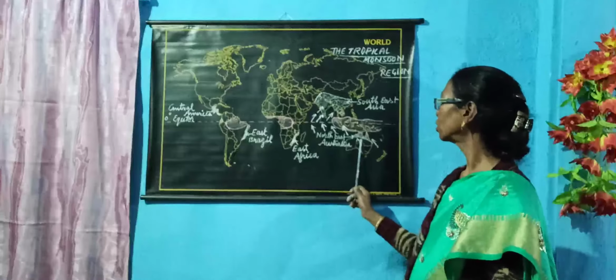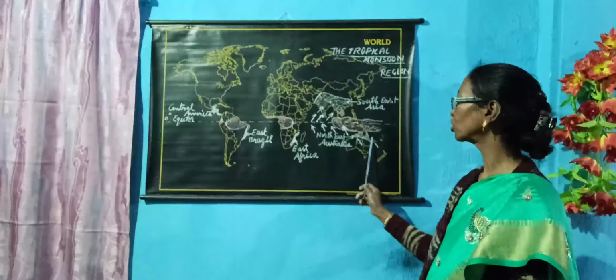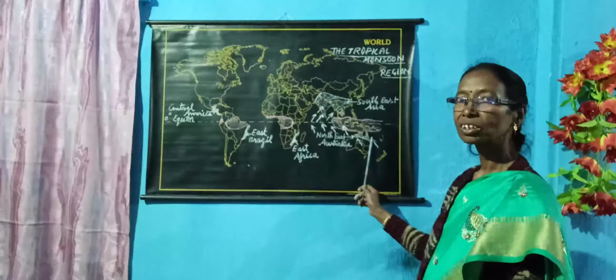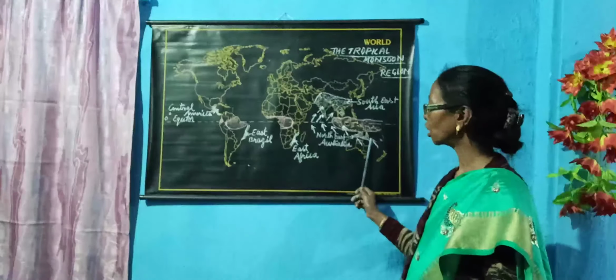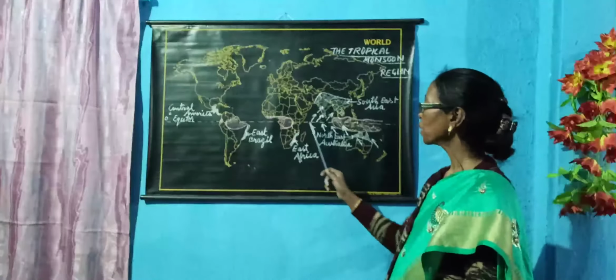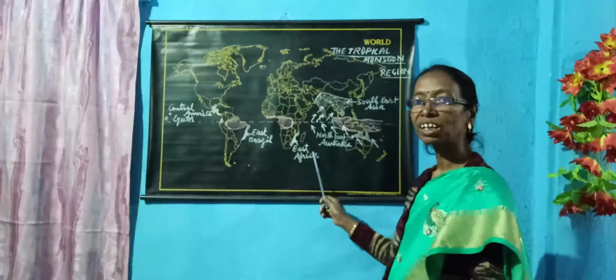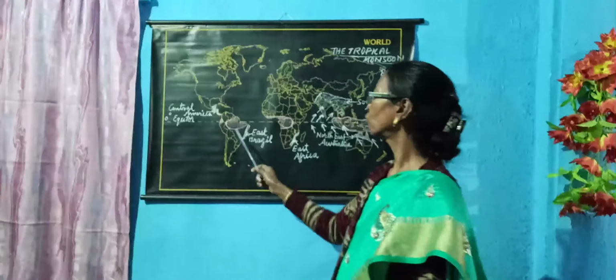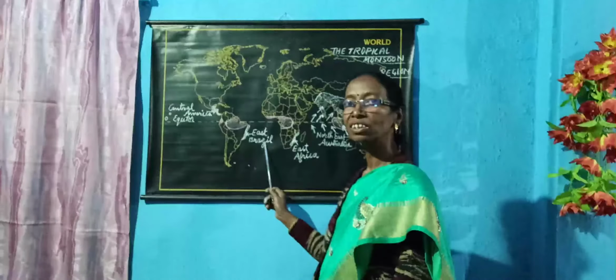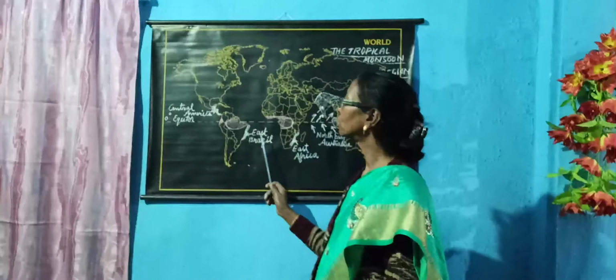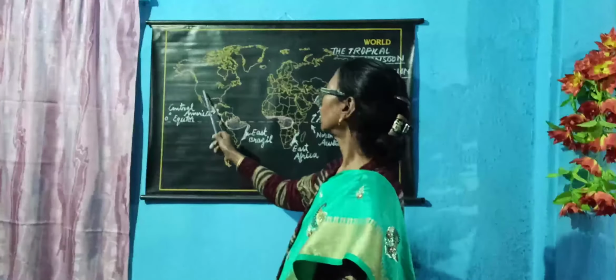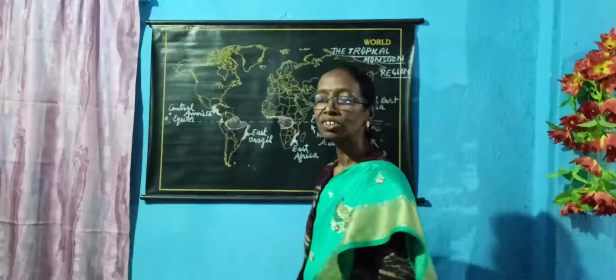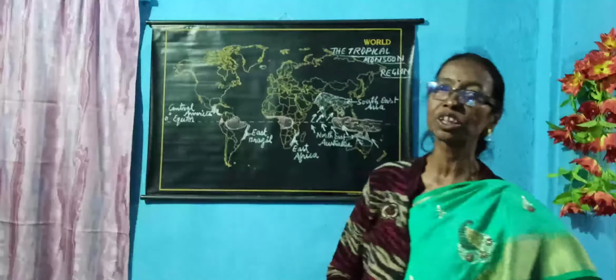In Australia, the northern and northeastern part of Australia has this type of climatic condition. In Africa, East Africa lies in the tropical monsoon region. In South America, East Brazil lies in this type of region. And in America, Central America lies in the tropical monsoon region.